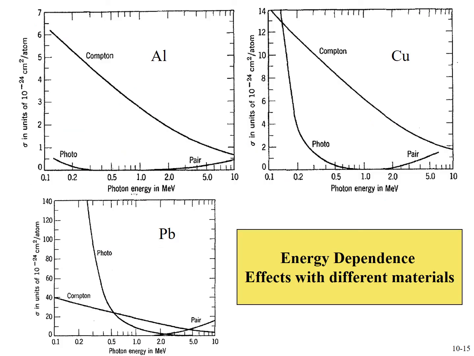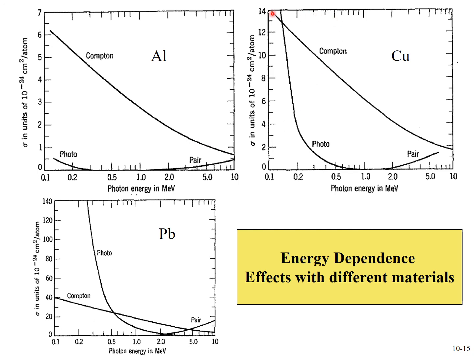Now here's an evaluation of interactions of photons with different matter, aluminum, copper, lead. We have cross sections versus energy. And some of the trends that we see here, these are all from 0.1 to 10 MeV. We see that for aluminum, Compton effect is fairly dominant.